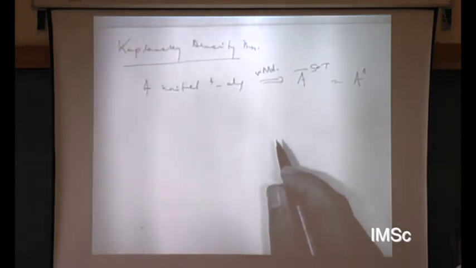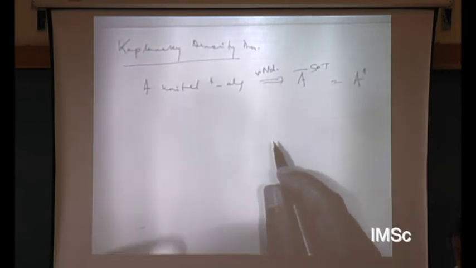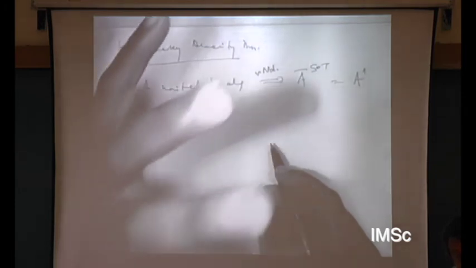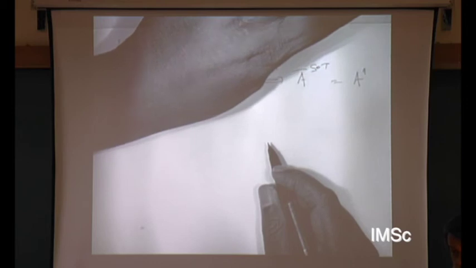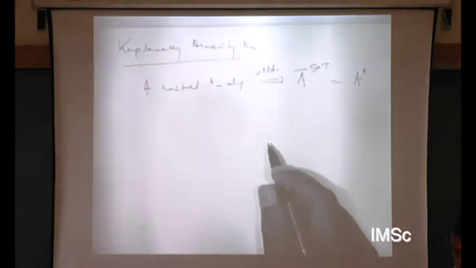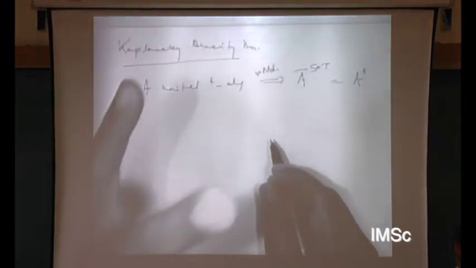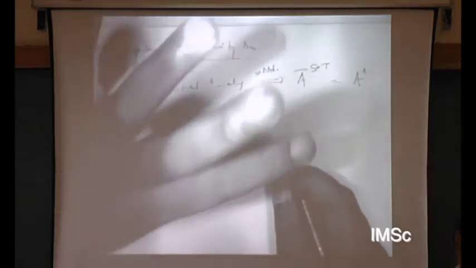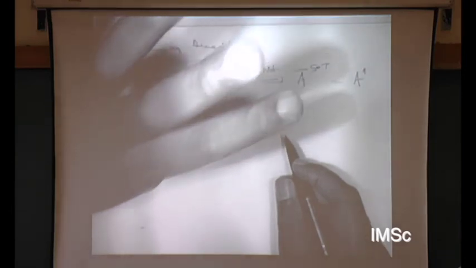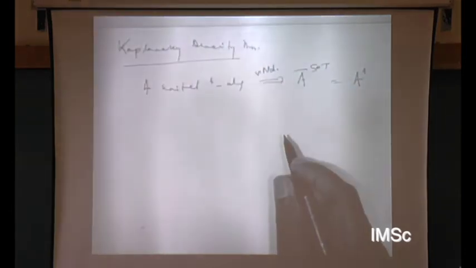Right in the beginning, the first class, we were talking about linear functionals which are weakly continuous on the unit ball: they are exactly the sigma weakly continuous linear functionals on the whole thing.